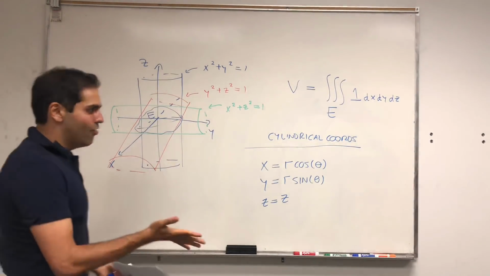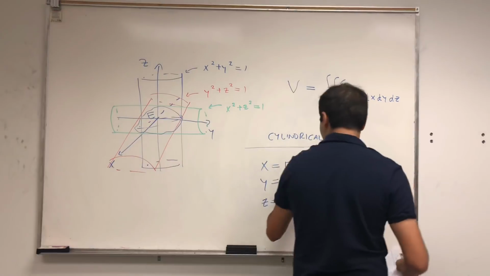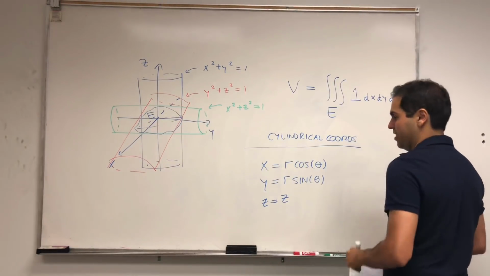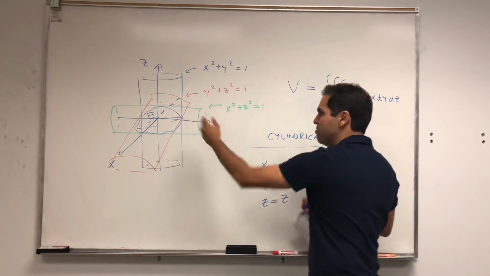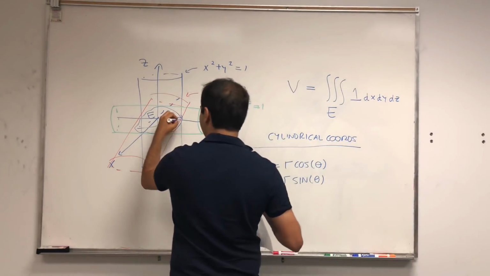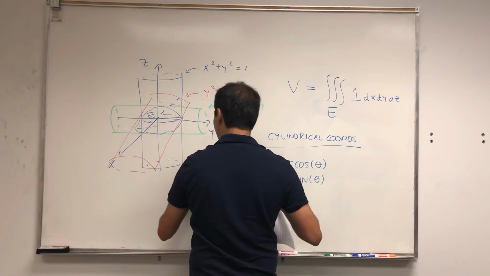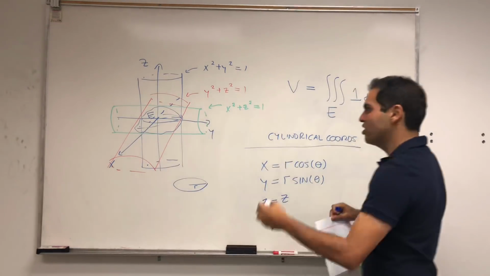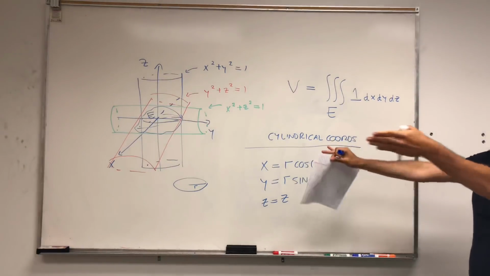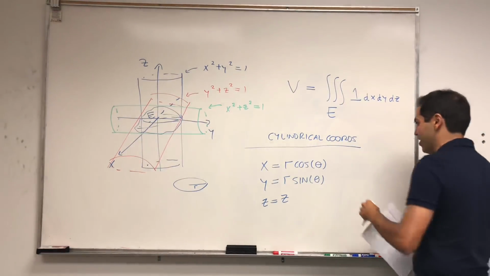And the question now, of course, is, what can we say about r, theta, and z? For this, let's focus on the blue cylinder first of all. If you look at the blue cylinder, of course you notice that the radius is just between 0 and 1.